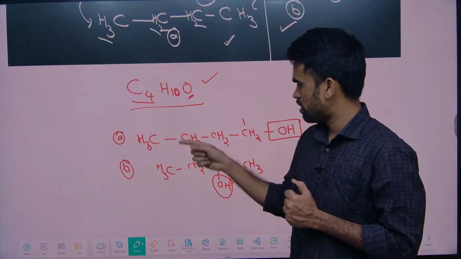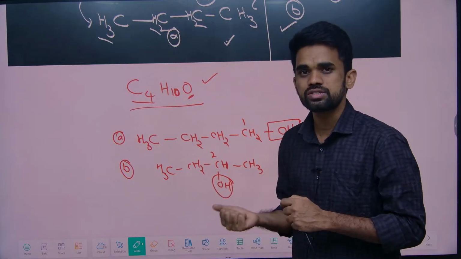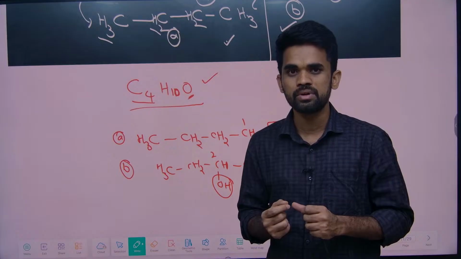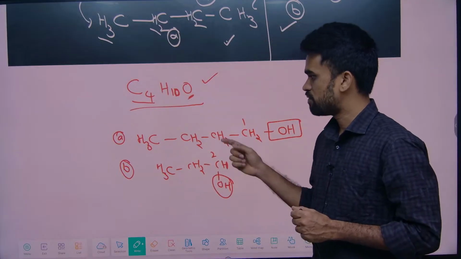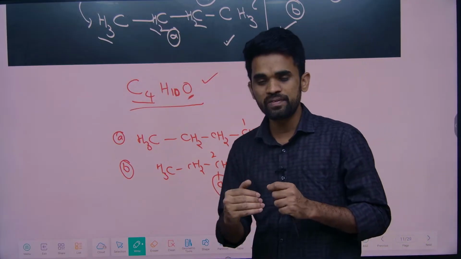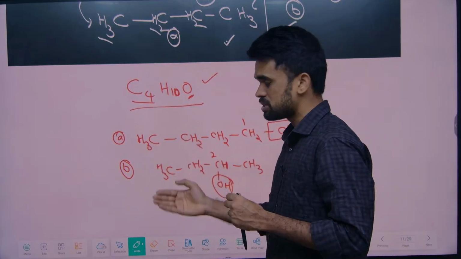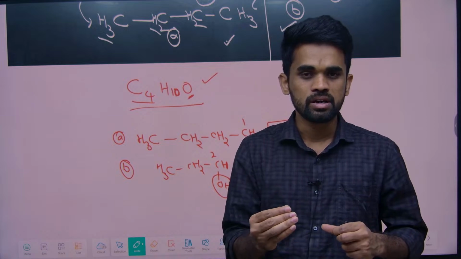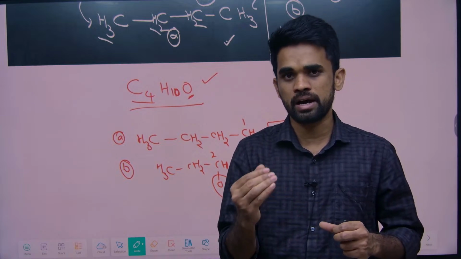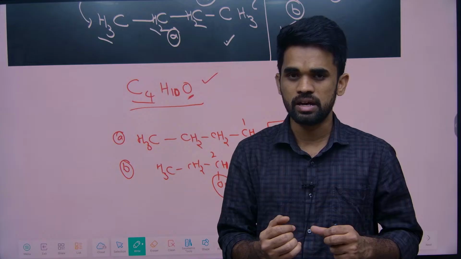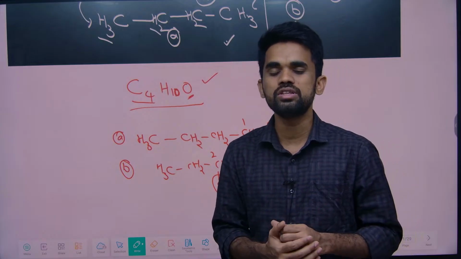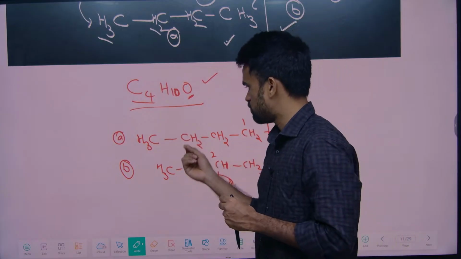Like I have written 2 structures, do they both have the same chemical name, or is the chemical structure different? If the chemical structure is different, we should give a different name. For giving names to organic compounds, we have a set of rules given by IUPAC. We need to follow them to name this kind of compounds.